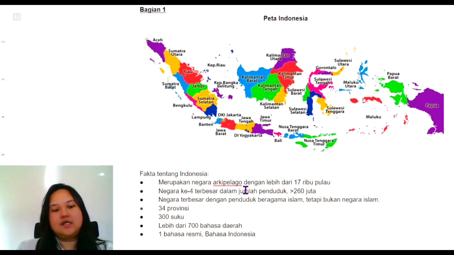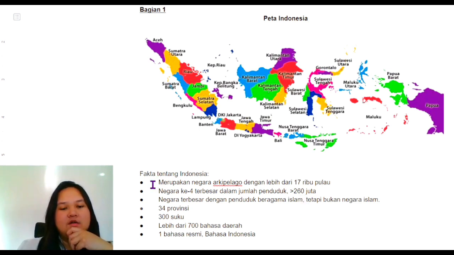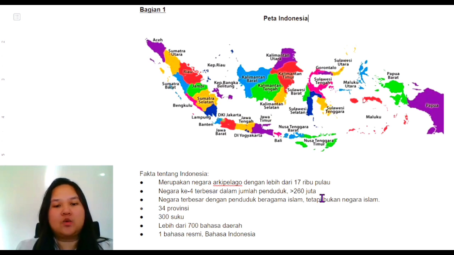And Indonesia is the 4th largest country in the world in terms of population, which is more than 260 million. So in Indonesian, negara keempat terbesar dalam jumlah penduduk, ya, lebih dari 260 juta, more than 260 million people.